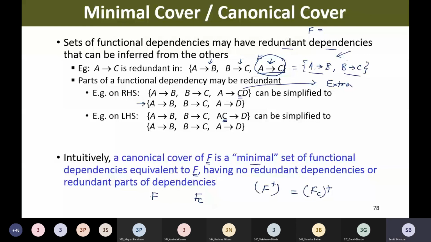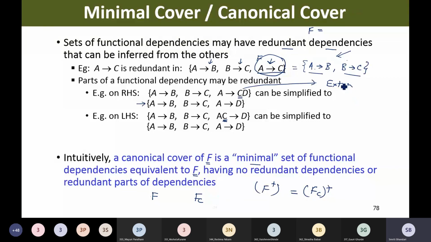So I'll define once again what a canonical cover is: a canonical cover of F is a minimal set of functional dependencies equivalent to F, having no redundant dependencies or redundant parts of dependencies.